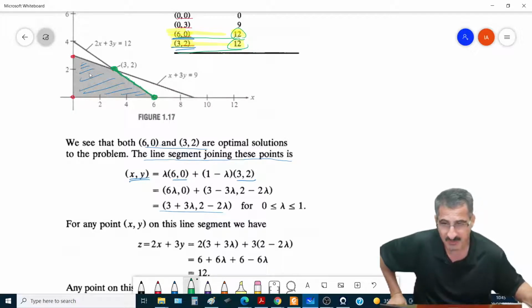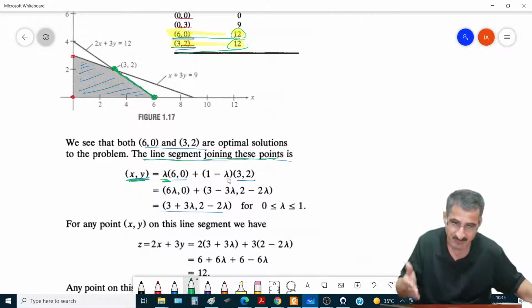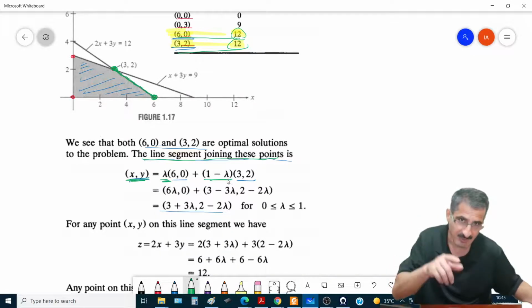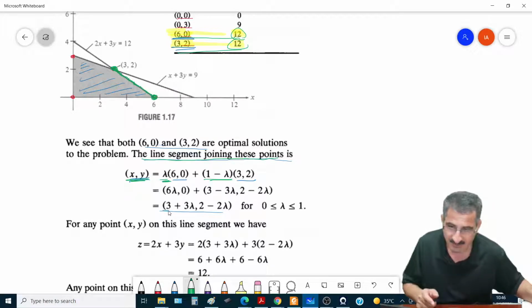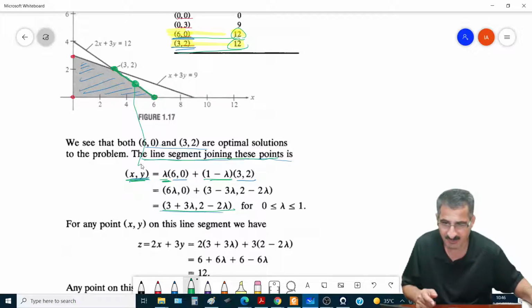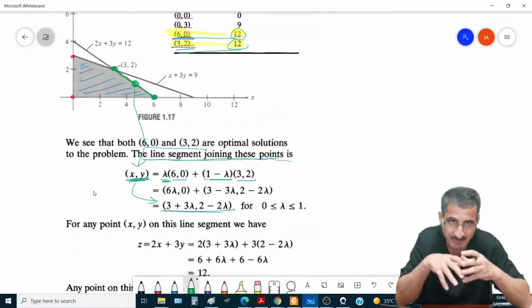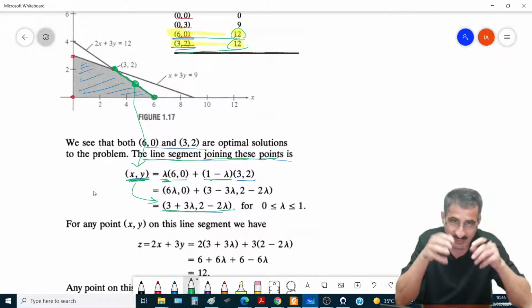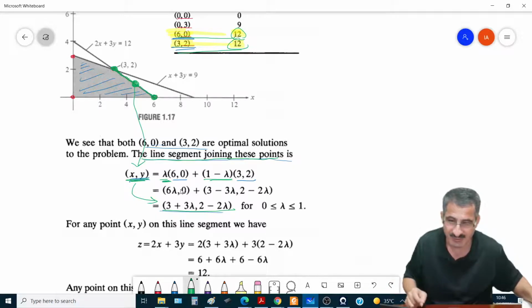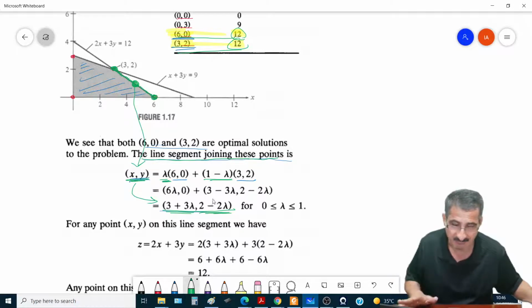How do we do that? Okay, so any point is here. Assume x is on the line segment joining these 2 points, which means it is lambda times the first one plus 1 minus lambda times the other one, and then any point will take that form. So any point on the green line segment has the coordinates 3 plus 3 lambda, 2 minus 2 lambda, where lambda can be any number between 0 and 1.